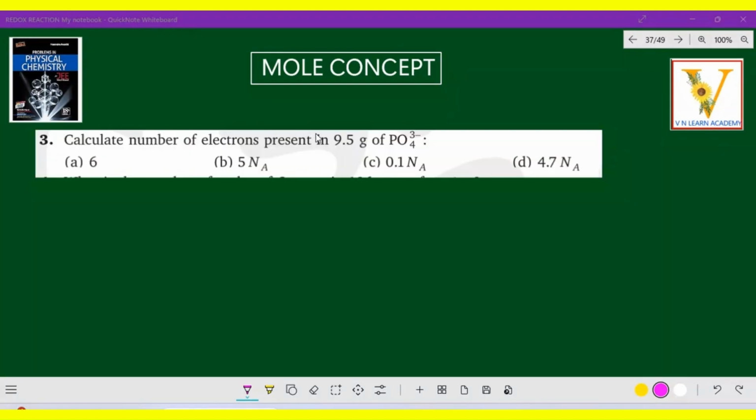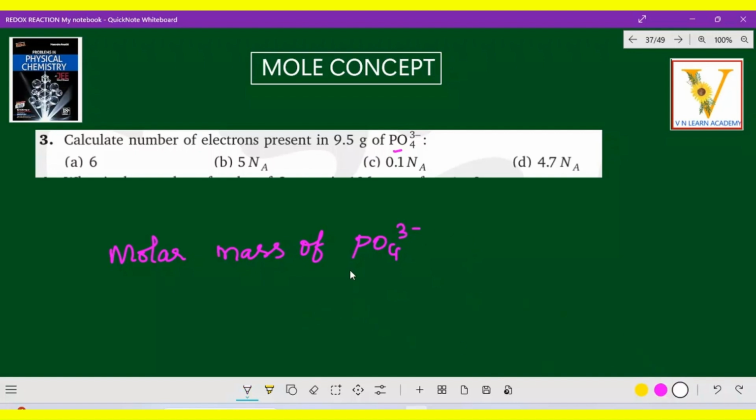The number of electrons present in 9.5 gram of PO4 3 minus, the phosphate ion. How do we go about solving this sum? First, the molar mass of phosphate PO4 3 minus.